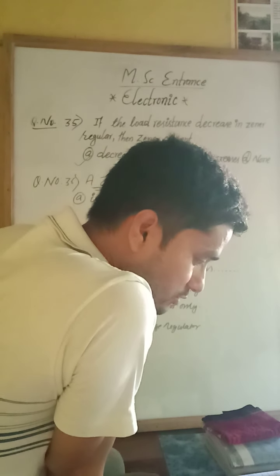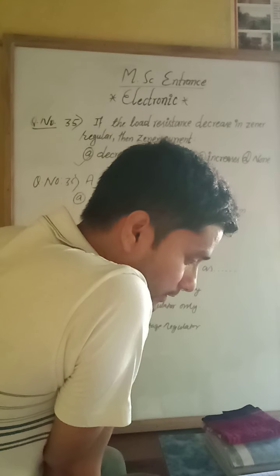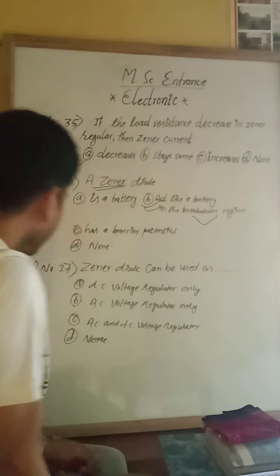Zener diode is used as a DC voltage regulator only, AC voltage regulator only, both DC and AC, or none of the above.